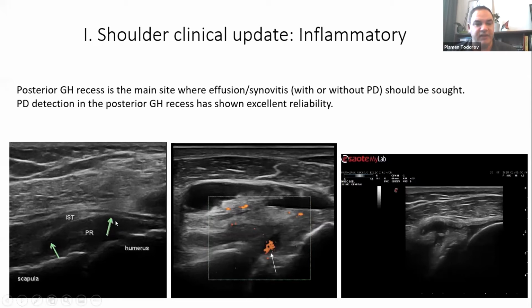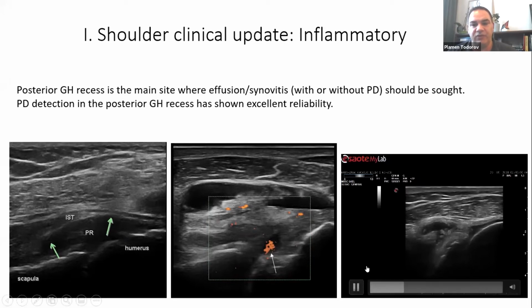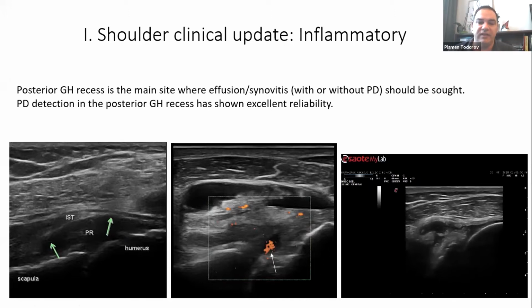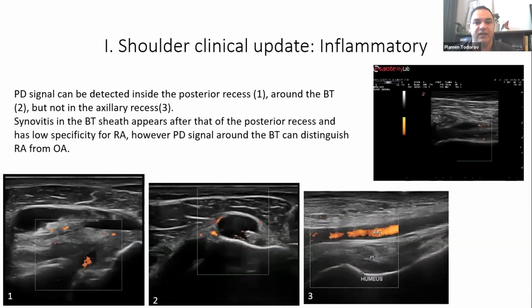Here is an example of the posterior glenohumeral recess with some effusion and synovitis inside, between the scapula and the humerus. Also the same with power Doppler signal in the posterior recesses. And of course, as Esperanza said, don't forget that ultrasound is a dynamic examination, which gives a huge advantage to this method.